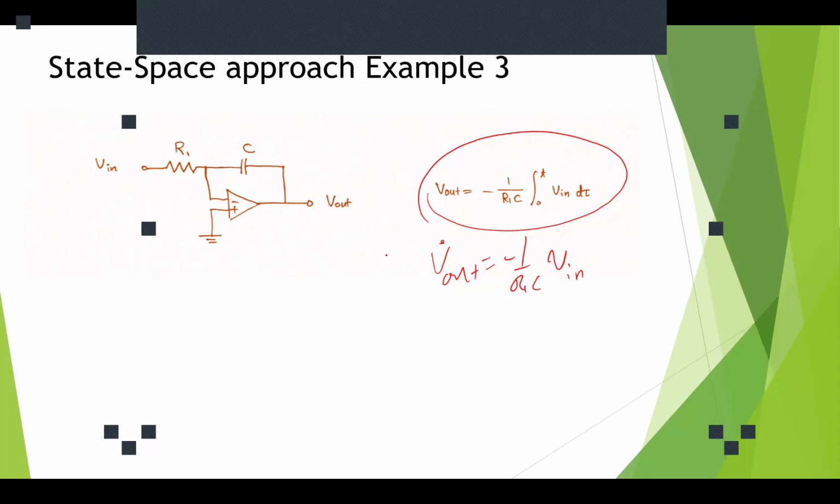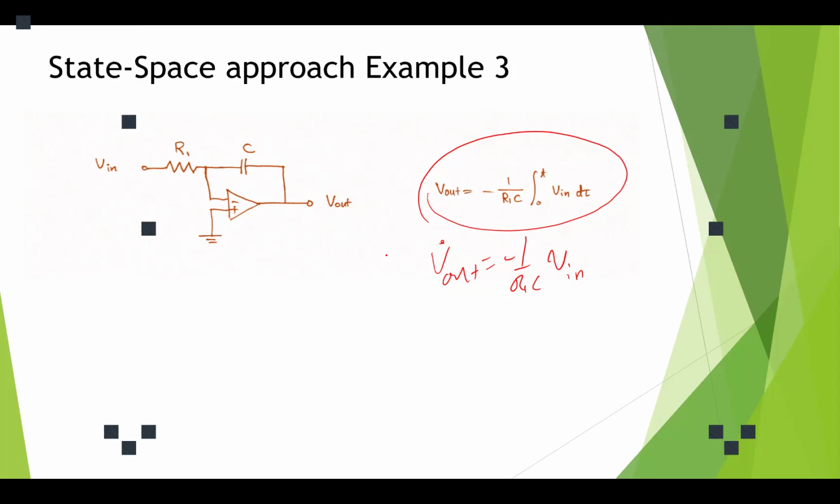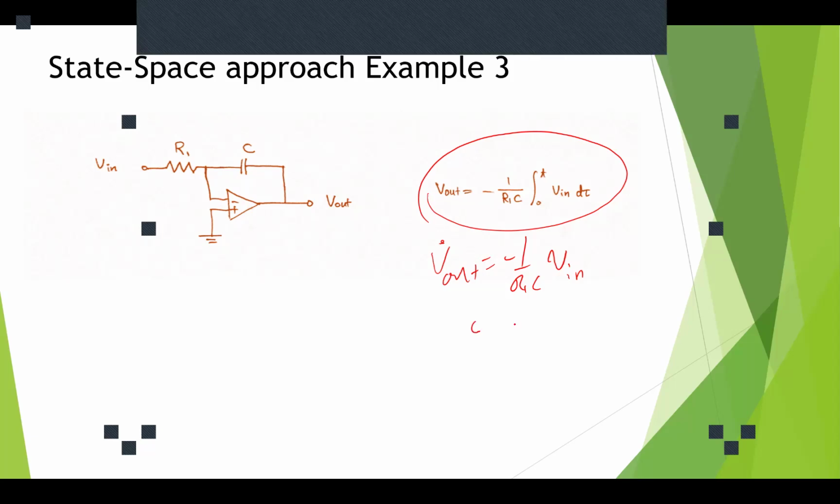Are we good? So you only have x1, which is going to be V out. So x1 dot is going to be minus 1 over RC V in. What is V in?